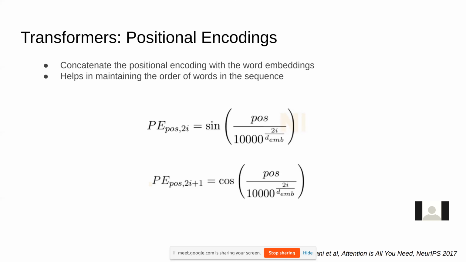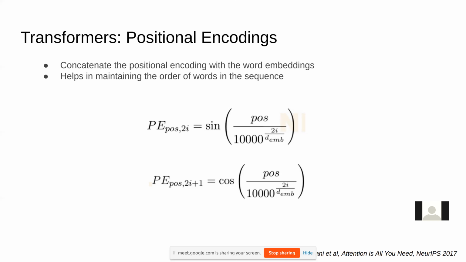And how will we compute the position encodings? This will depend on the position of the word in the sentence, as well as the dimension of its embedding. For example, suppose we are computing the position encoding of the fourth word in the sentence. So POS is representing 4, and this i will range from 1 to 512.